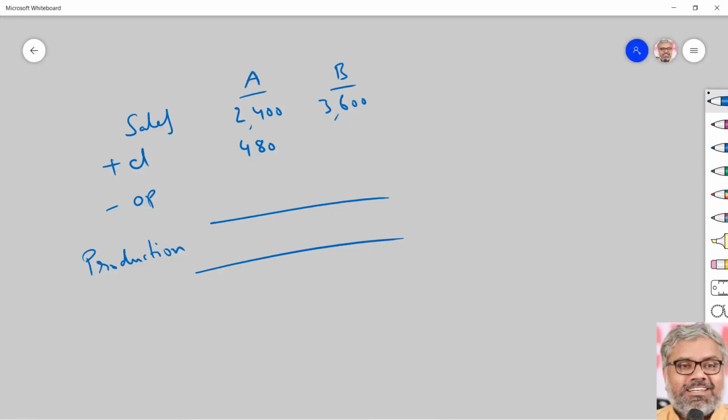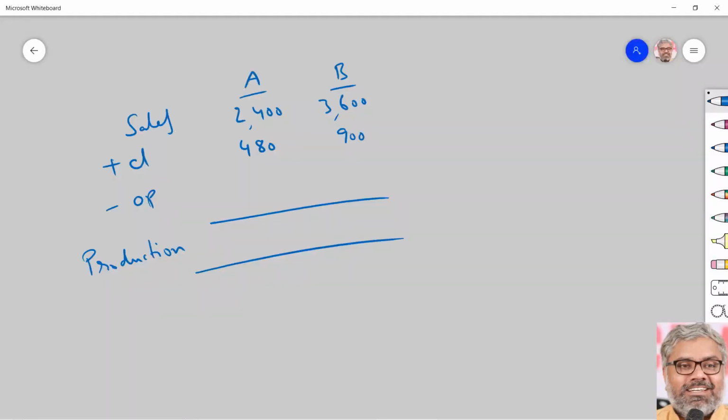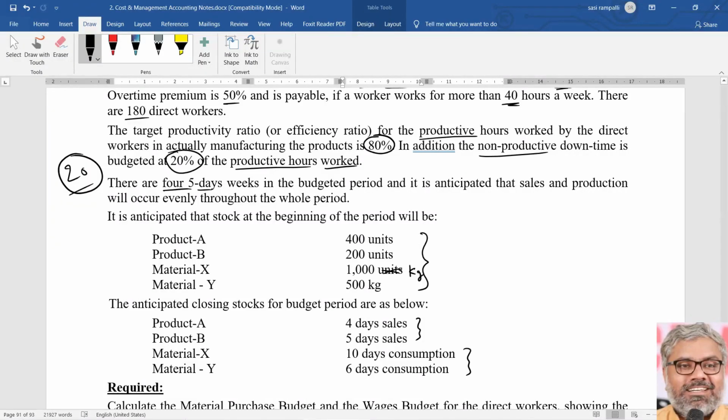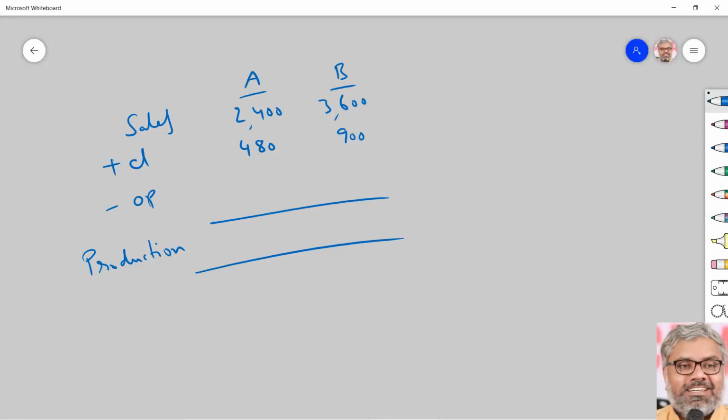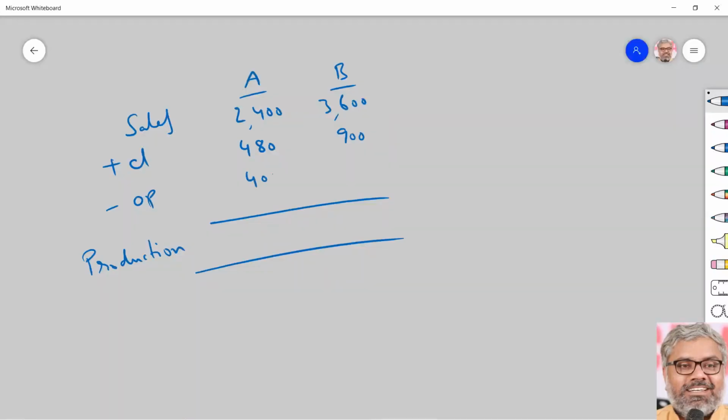So 900 naturally will be the closing stock for material B. He has given a number of days of sales: 4 days sales, 5 days sales. Number of days in the entire budget period is 20. So if 2,400 is for 20 days, how much for 4 days? If 3,600 is for 20 days, how much for 5 days? That is closing stock. Opening stock is already given, copy paste. 400 units, 200 units.